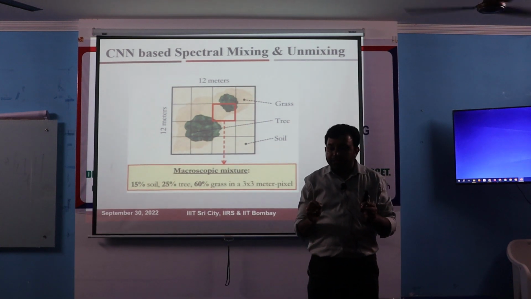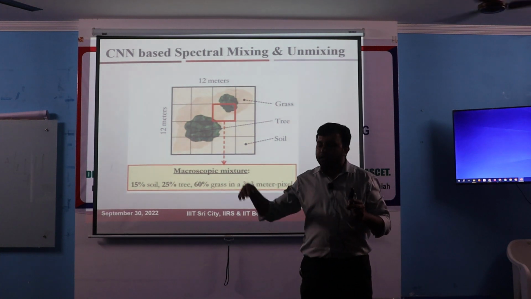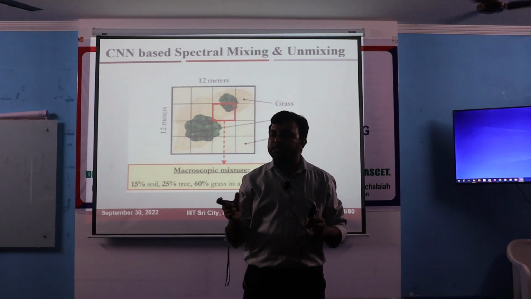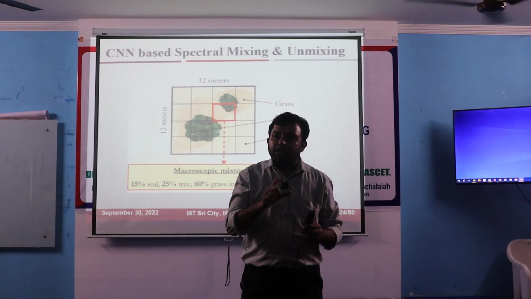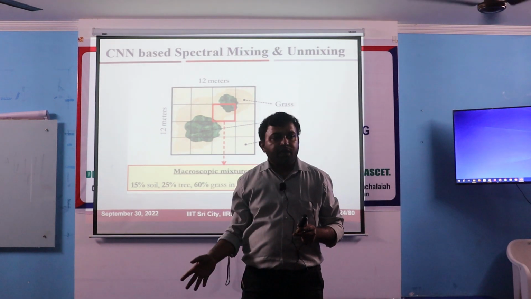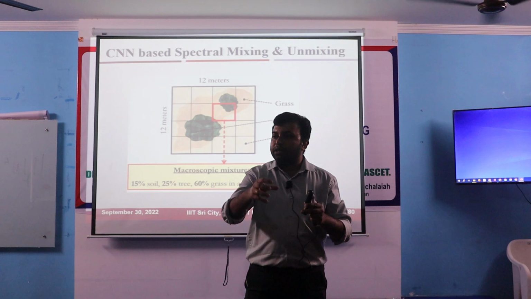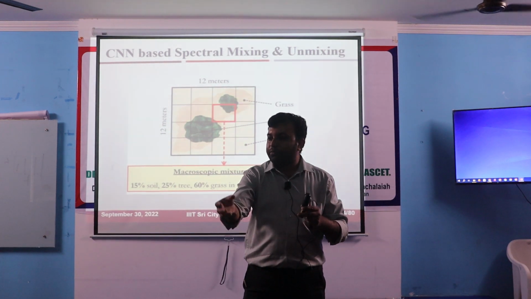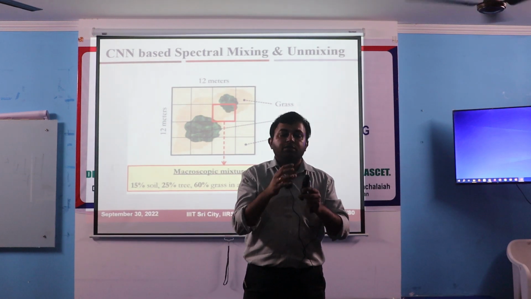So this is called linear mixing. Linear and non-linear equations we all know. x1 plus x2 is a linear equation. x1 x2 plus x2 square is a non-linear equation. Let x1 be the reflectance of material 1, x2 the reflectance spectra of material 2, then alpha 1 x1 plus alpha 2 x2 will give you the mixed spectra.